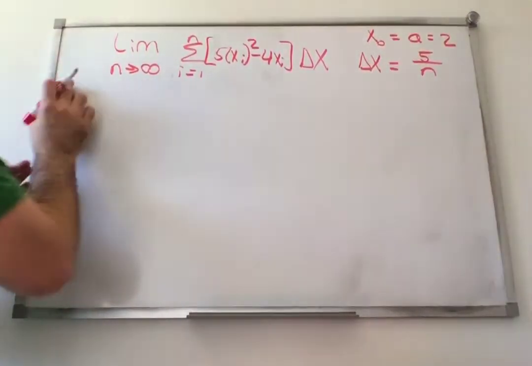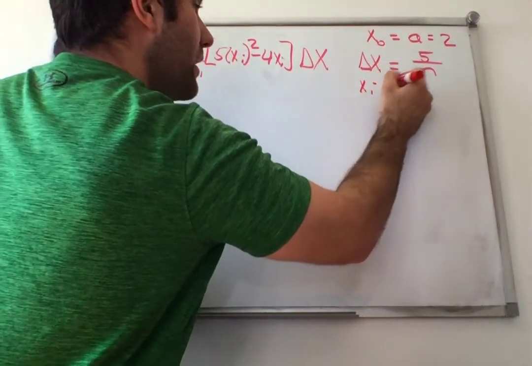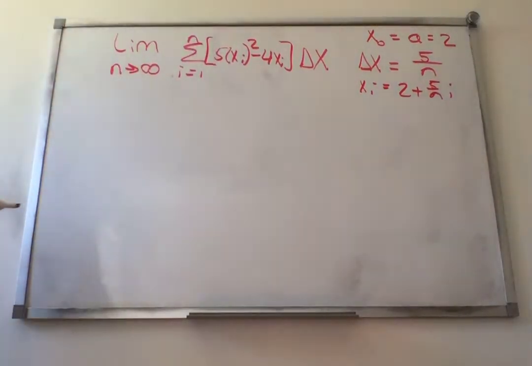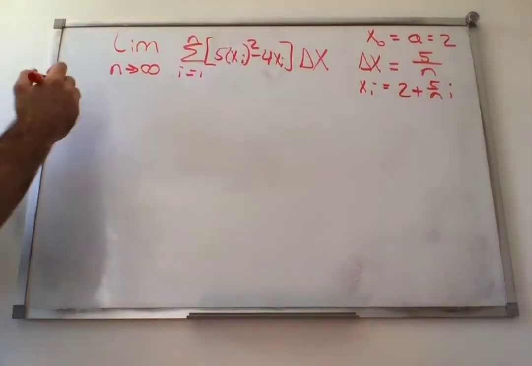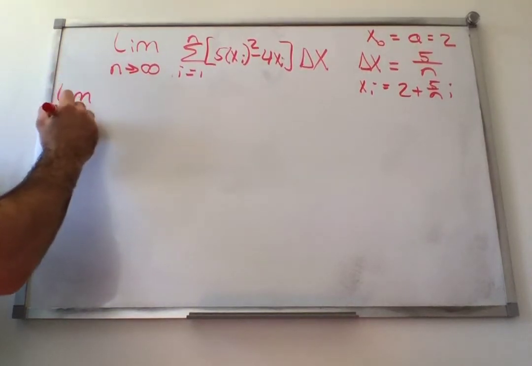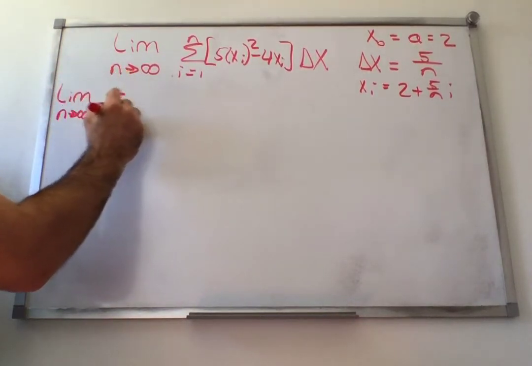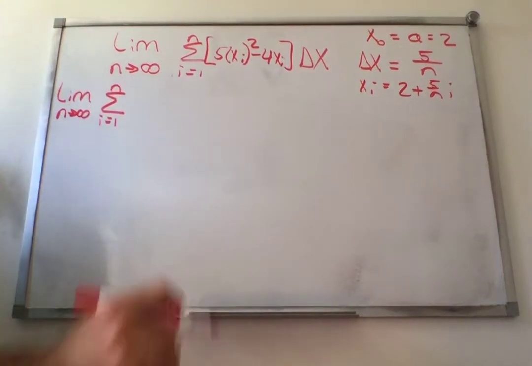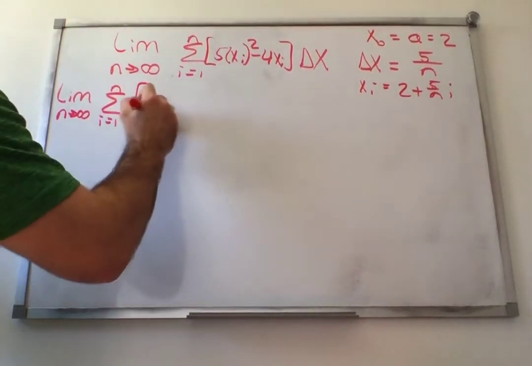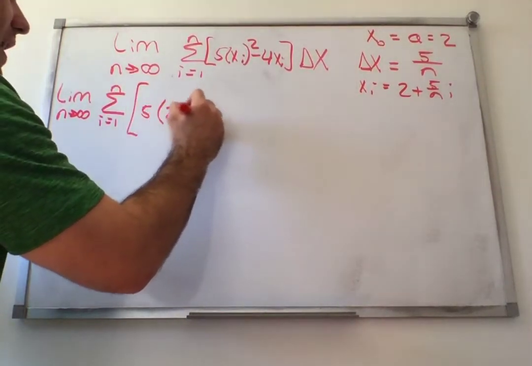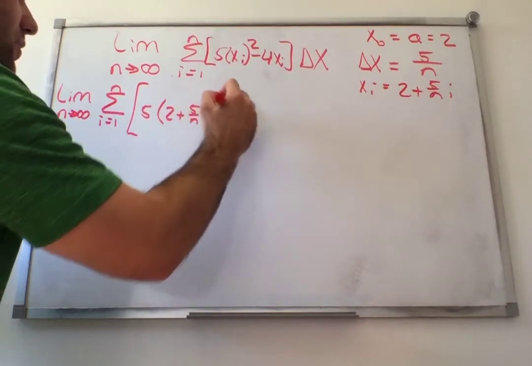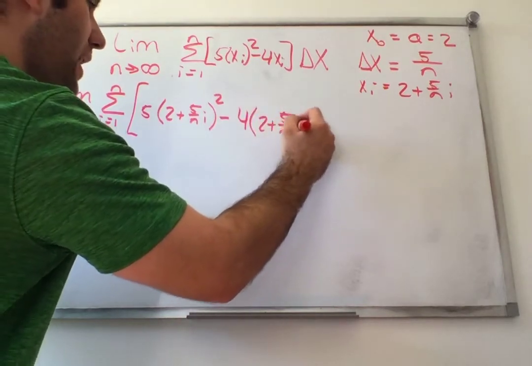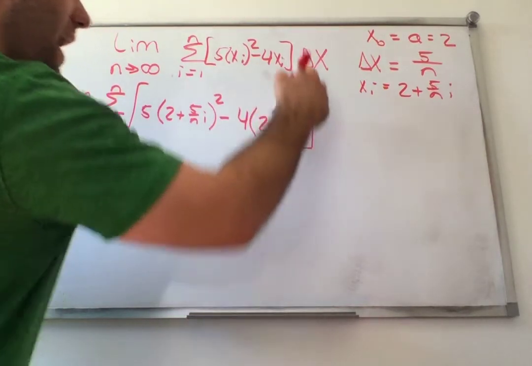Let's see, I'll store my information over here. x sub i is equal to 2 plus 5 over n i. So we still have the limit as n goes to infinity of the sum from i equals 1 to n of 5 times (2 plus 5 over n i) squared minus 4 times (2 plus 5 over n i), all times delta x.